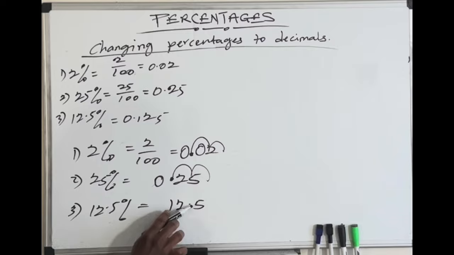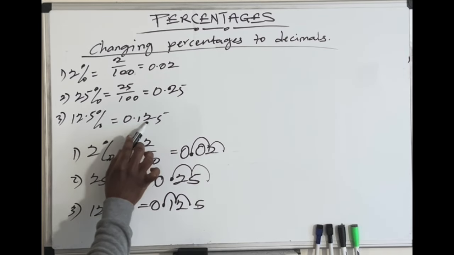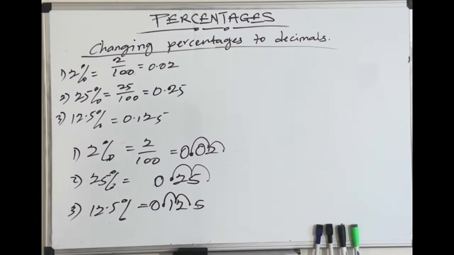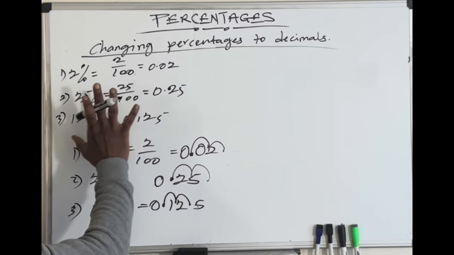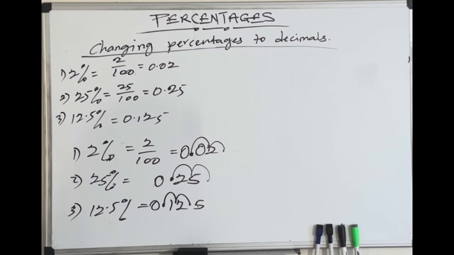This time around, we have a point here. How many times are we moving? 2. So 1, 2. The point is here now. So 0.125. With the calculator, I think you can be as fast as these two, but whichever works best for you, you pick it.